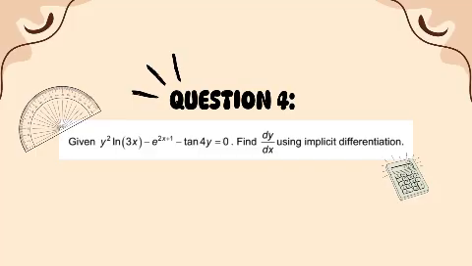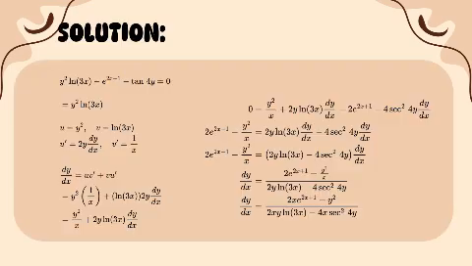Given y squared multiplied by ln 3x minus exponent to the power of (2x plus 1) minus tan 4y equals 0. Find dy/dx using implicit differentiation. Based on the solution of question 4, first, we use the product rule to calculate y squared multiplied by ln 3x. And we get y squared over x plus 2y multiplied by ln 3x dy/dx.